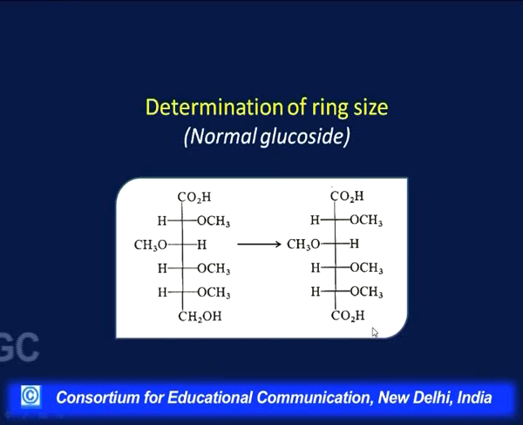Only this will be oxidized into carboxyl, no cleavage will occur. So, it means if originally a 7 membered ring structure was there, then we will get this 6 carbon dicarboxylic acid with 4 methoxyl groups. We cannot get a 5 carbon dicarboxylic acid. So, we can get 5 carbon dicarboxylic acid only if this carbon number 5 is involved in the ring formation here.